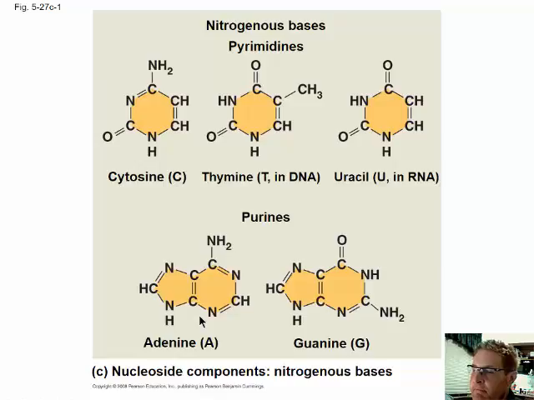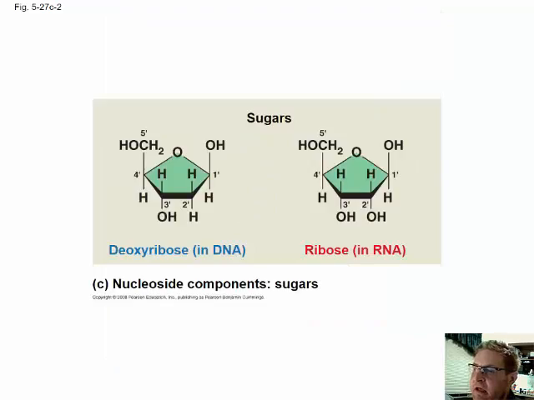So we always have to fit it together so that we have a 1 ring and a 2 ring, or in this case with thymine and adenine, a 1 ring with a 2 ring. If for some reason you had two pyrimidines across from each other, it just wouldn't work. The DNA helix would just be the wrong size.